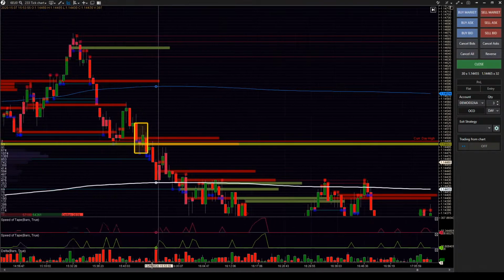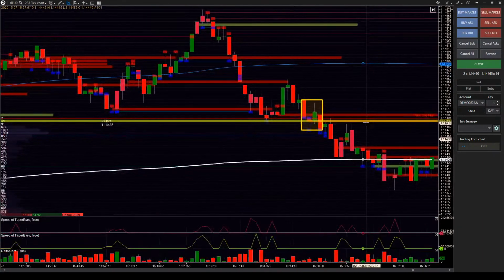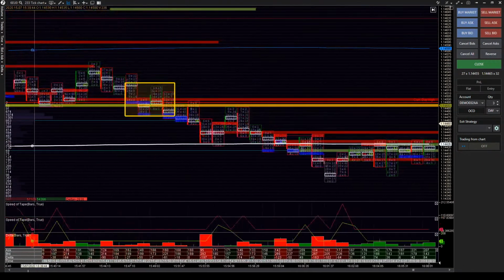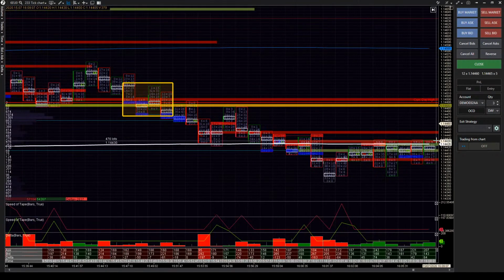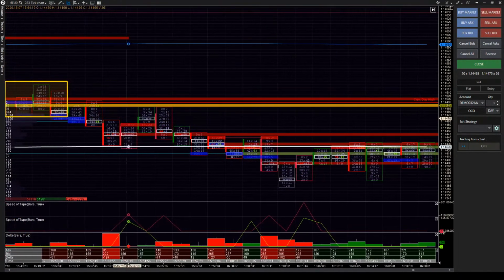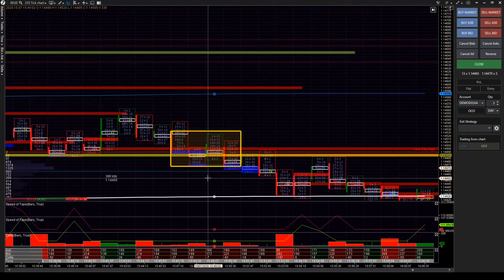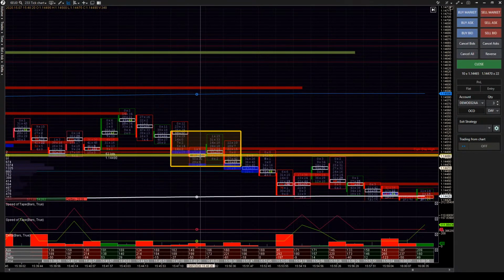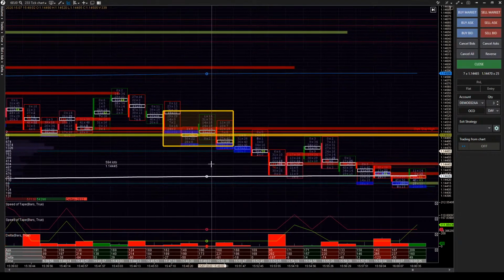So right now I'm going to open the chart so I can see the footprint and see exactly what happened inside that particular candle. Okay, right. So we can see here 85 imbalance here, which pushes the price down.